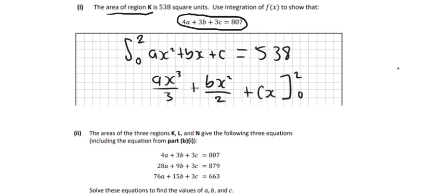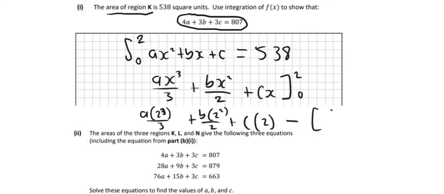So let's just put in the 2 first. So a multiplied by 2 cubed over 3 plus b times 2 squared over 2 plus c multiplied by 2, and then take away, and then you're putting in a 0, so a times 0 cubed.